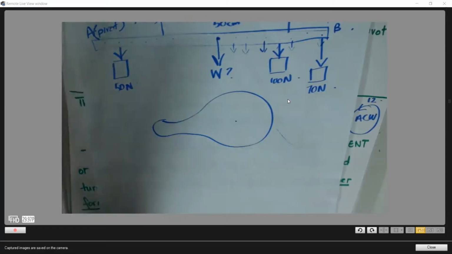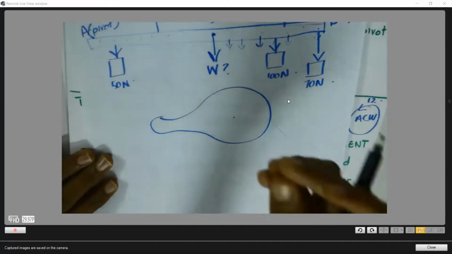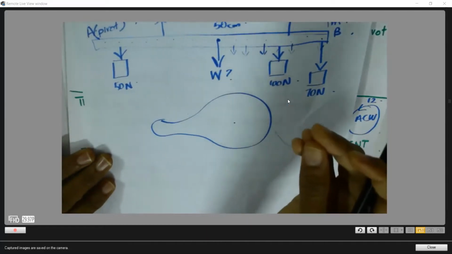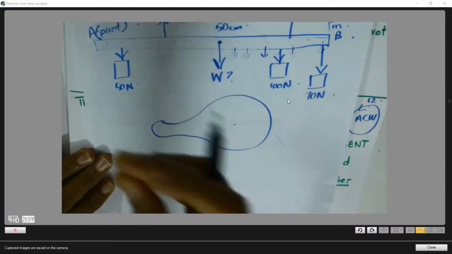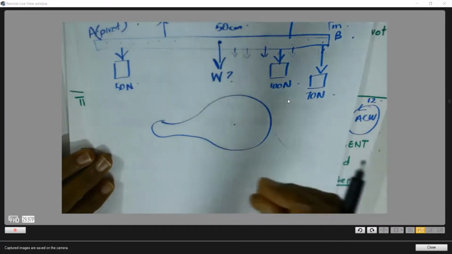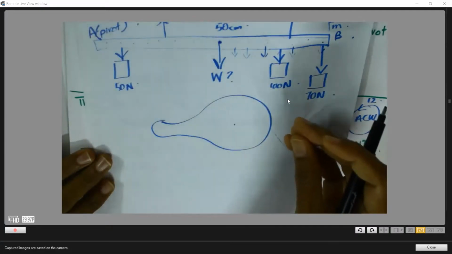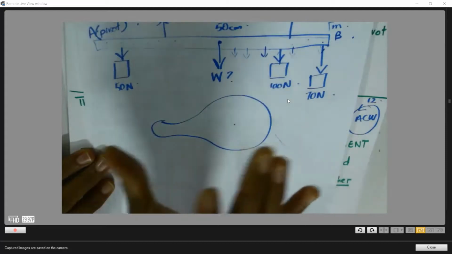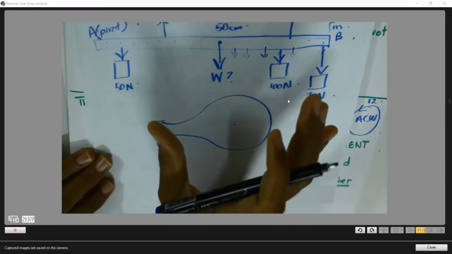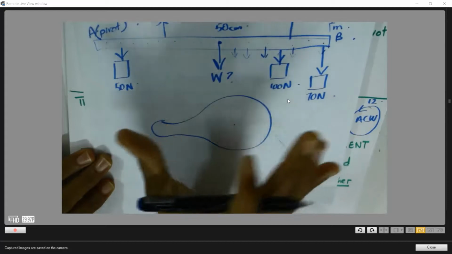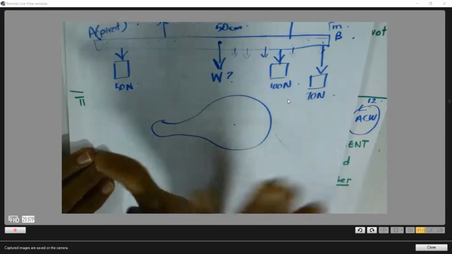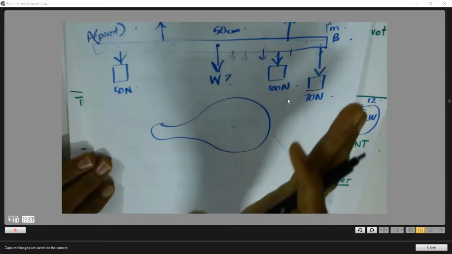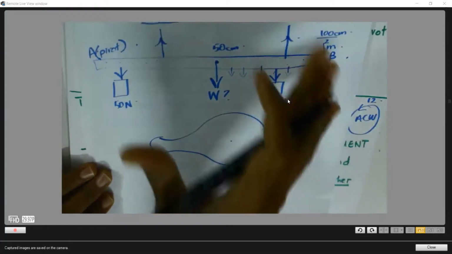Okay, law of moment is that for any object to be in equilibrium, the clockwise moment is equal to the anti-clockwise moment, meaning that there is no net turning effect. There is no net moment, okay? Whatever the moments are, they're all canceled and they're equal and opposite, so the thing is not turning.